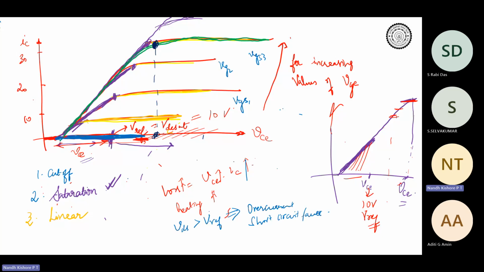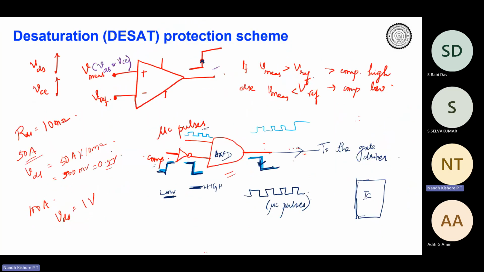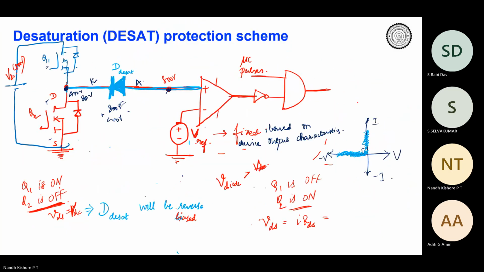So you are going to go beyond the VDS reference point. By common sense, when would this diode get turned on? Your diode will get turned on only if you have a voltage over here which is more than VDS. Only then the diode can get turned on, right?